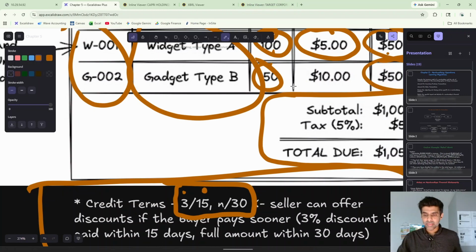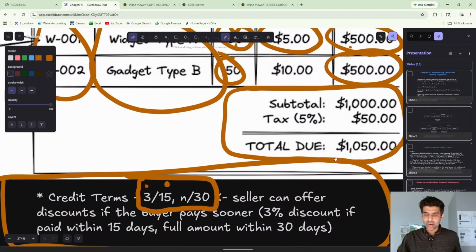In the case of this $1,050 invoice, you could multiply this by what to get a 3% discount? To get 3%, you multiply this by 3%, or you could do this times 0.97, and that's going to give you how much you have to pay.